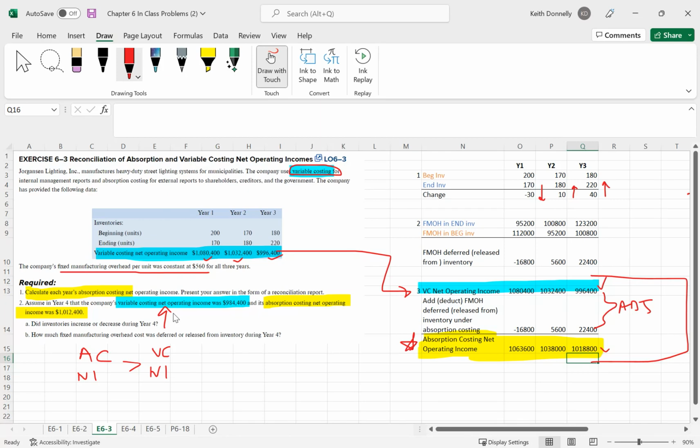And the idea with that, because it's increased, is our fixed manufacturing overhead is going to be deferred in the inventories. Now the amount of this deferral, for the second part, is going to be the difference between these two amounts. If we took the 988 and the 1002 and figure out the difference between those, it's going to be $28,000. Okay?